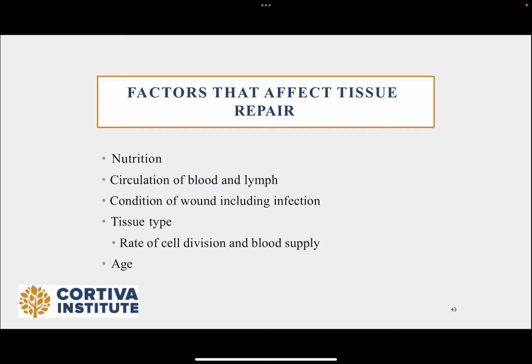Because the factors that affect tissue repair are things like nutrition, things like circulation, especially the condition of the wound. Is the wound getting infected? Is it not getting infected? What is the type of tissue that was hurt? Remember earlier we were talking about how there are certain tissues that once they are damaged, depending on the vascularity, it's going to take longer or less time to heal.